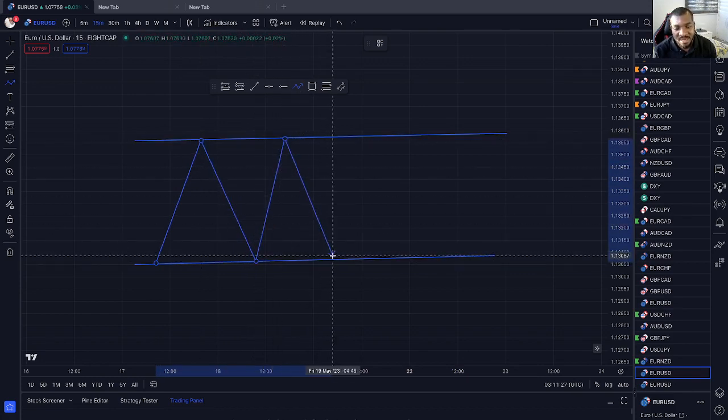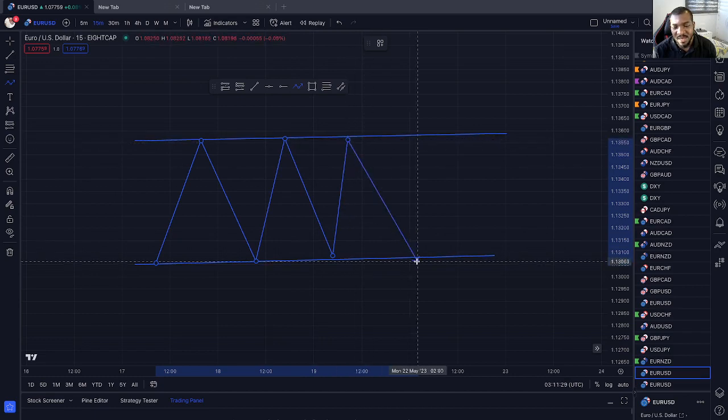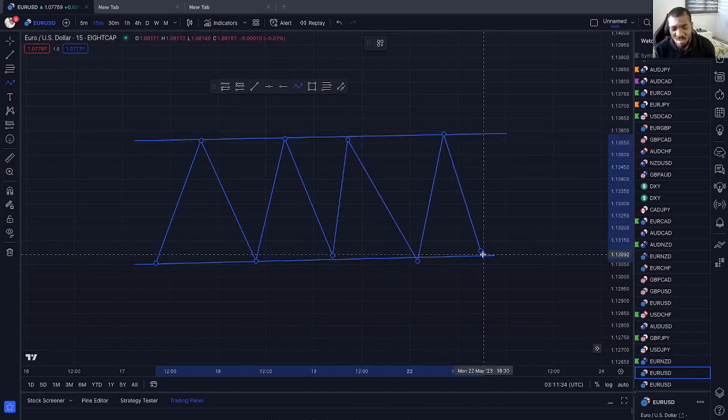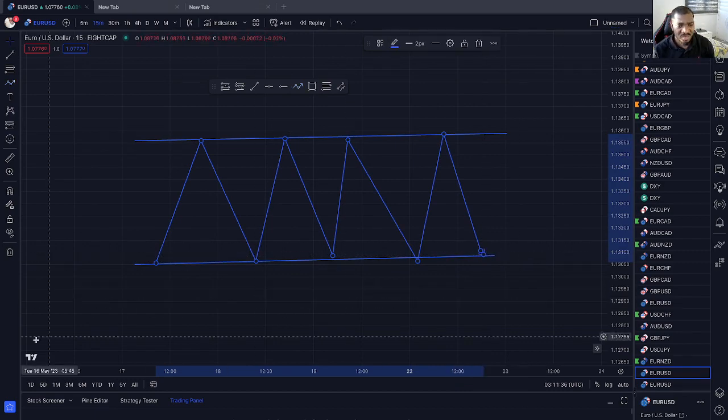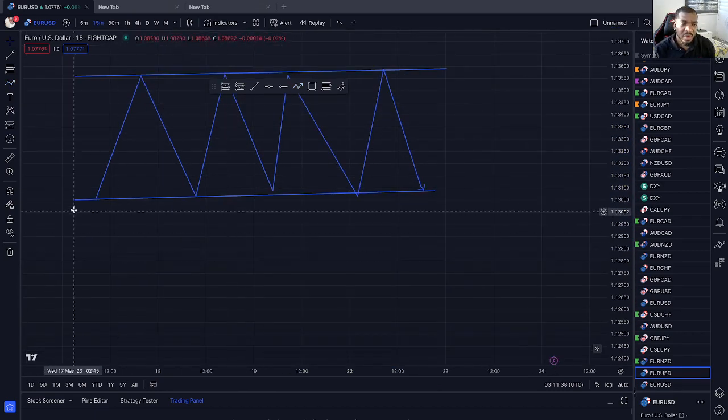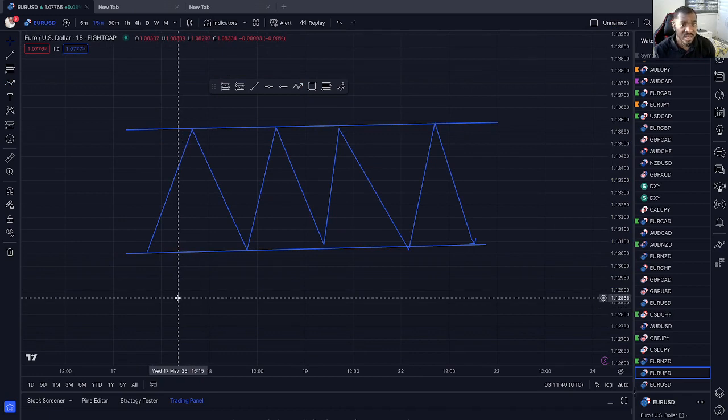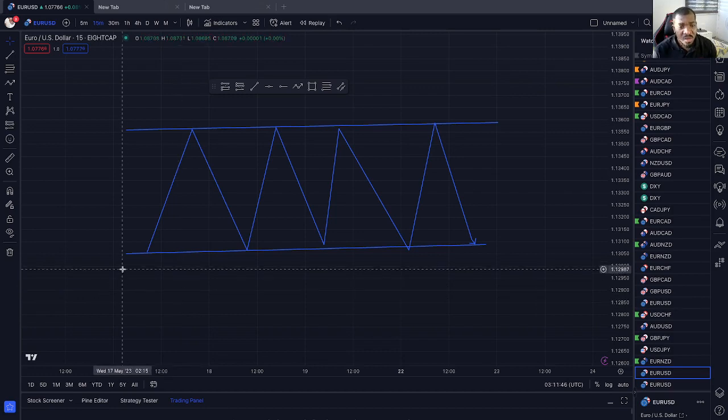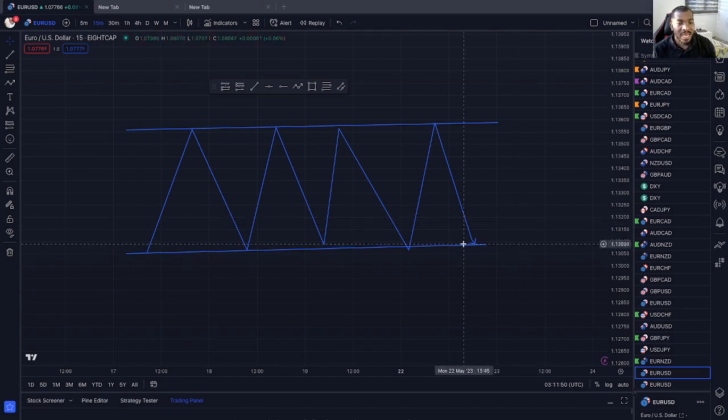Price keeps acting upon strong supply and demand, which is what we call a ranging market. Now, why you don't want to trade this is because price is only going to give you little profit, and you only trade this if you're a scalper and you understand what the market is completely doing at a particular period. How will you be trading a market where you don't actually know if it's going up or down? The market is confused at a particular time.